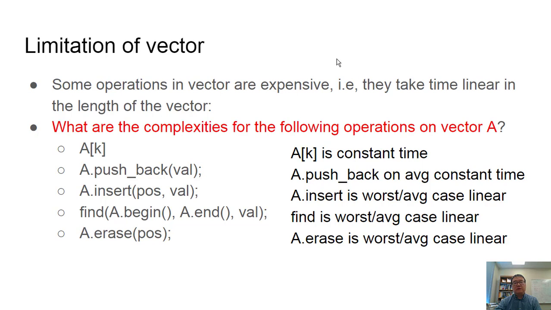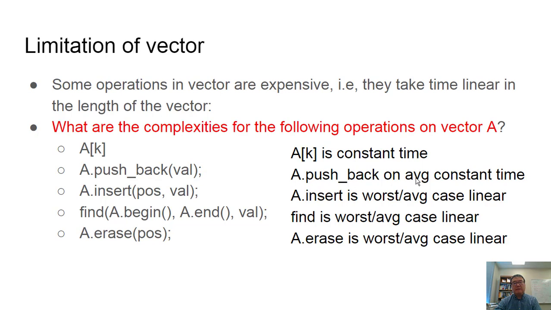If I'm using int, 4 bytes, then the element A[10] will be 40 bytes from the beginning, 4 times 10. Calculating this position can be done using a few operations, so this is constant time. Whether we are reading this value or assigning to it, they are all constant time.